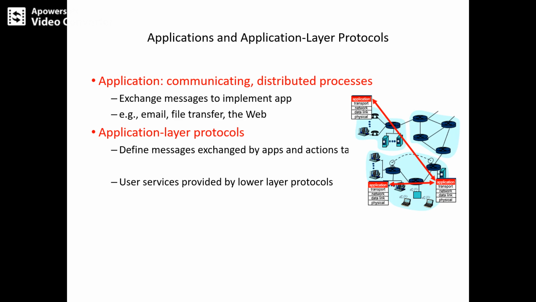So we know about applications and application layer protocols, and how the data communicates with each other. In applications, communication takes place in the form of distributed processes, for example exchanging messages to implement a particular application such as email, file transfer, and web communications.